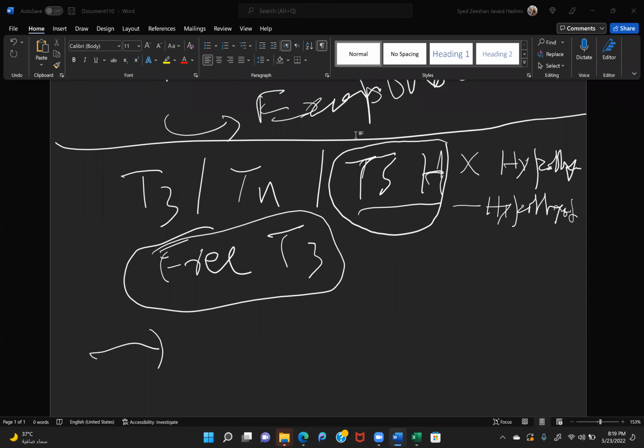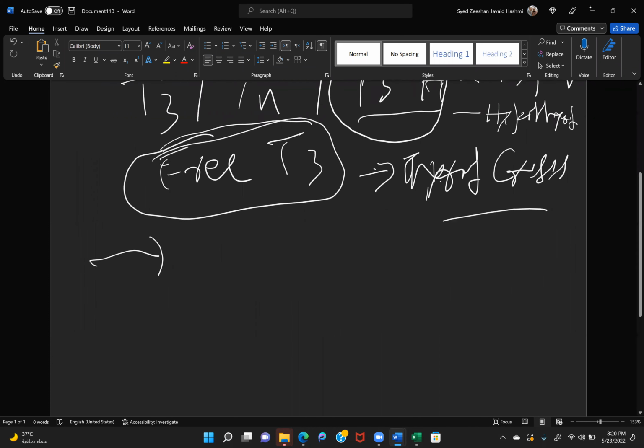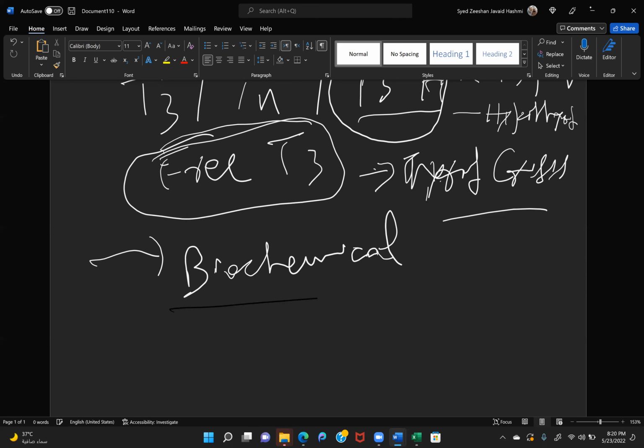My plea is that TSH is more important for hypothyroid, and free T3 is more important if you are suspecting thyroid crisis. Do we need the documented biochemical normal profile for labeling it? I think clinical criteria are more important than biochemical, but for elective surgery both are recommended.